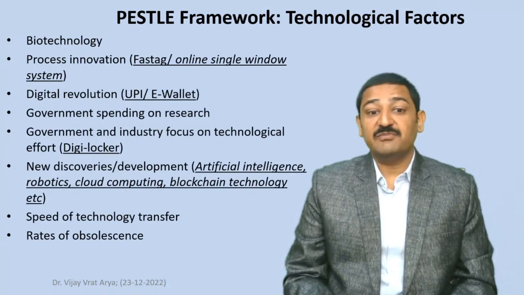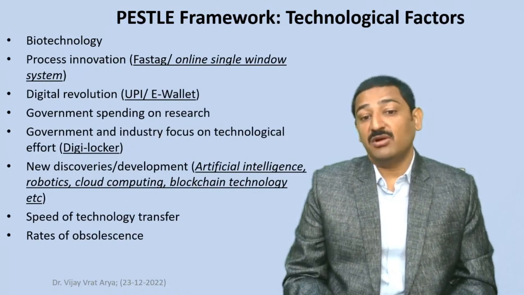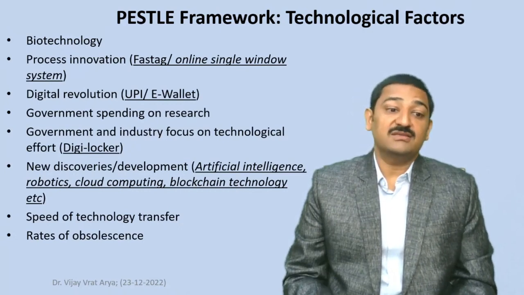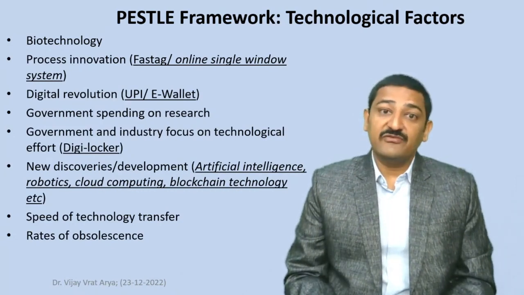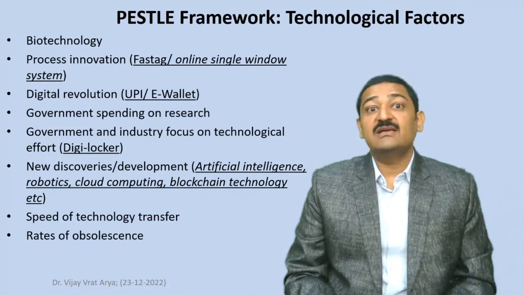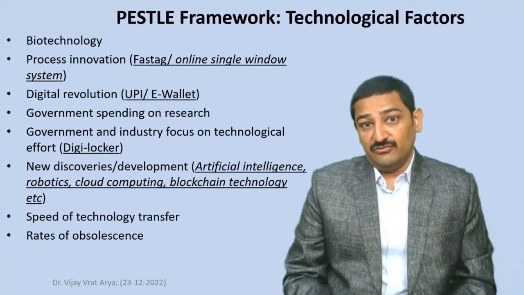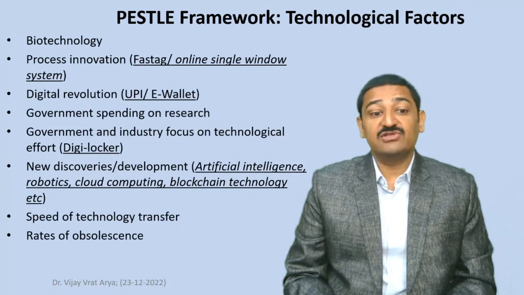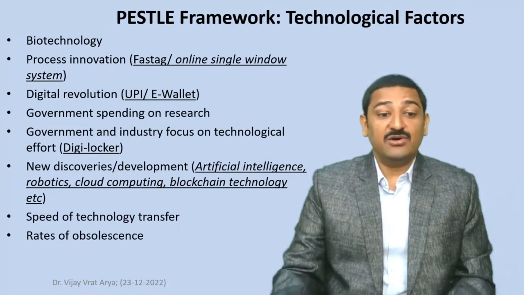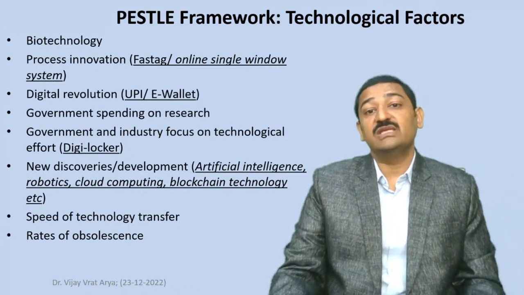New discoveries or developments, maybe in artificial intelligence, robotics technology, cloud computing or blockchain technology, are developing this technological base, giving good opportunities and making the system more simplified and very useful in the present context.